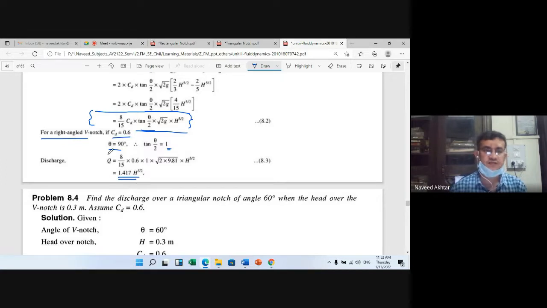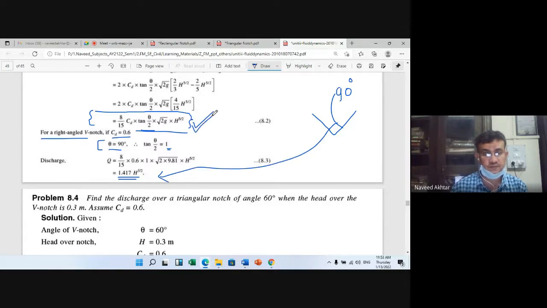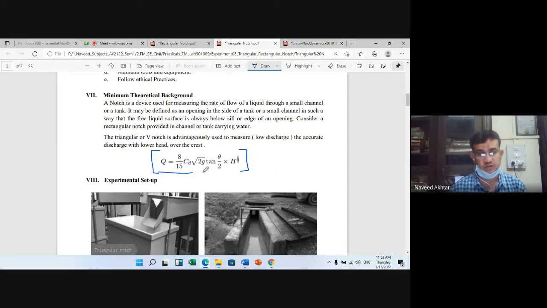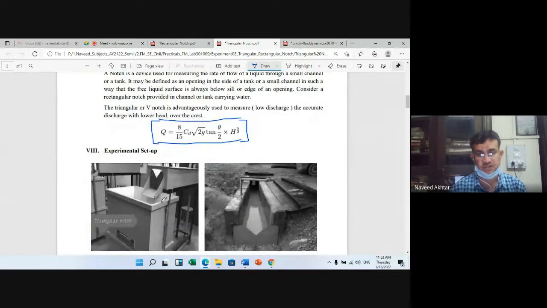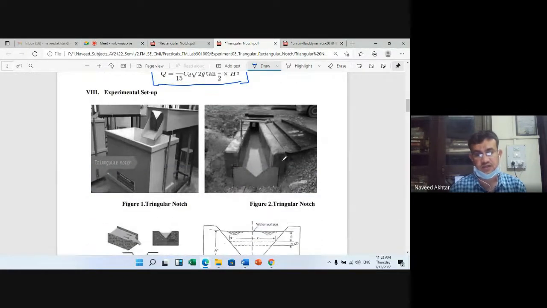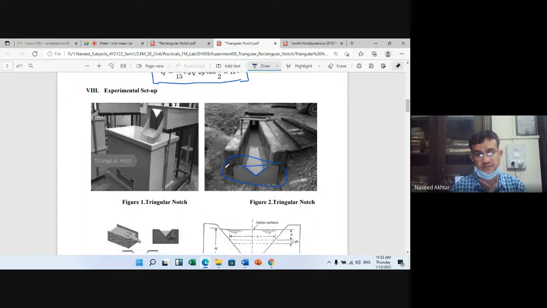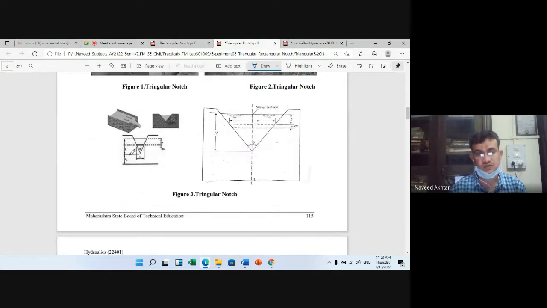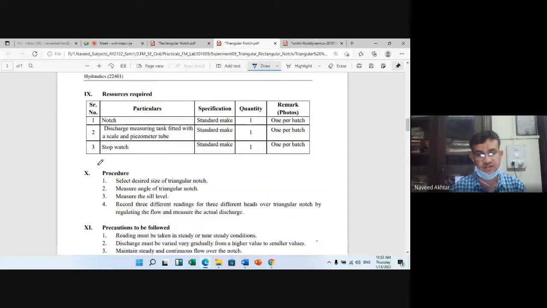Only if theta is 90 degrees can you use this formula; otherwise, you have to use the other formula. In the figure, this is the triangular notch. You observe this height, and you can find the discharge.